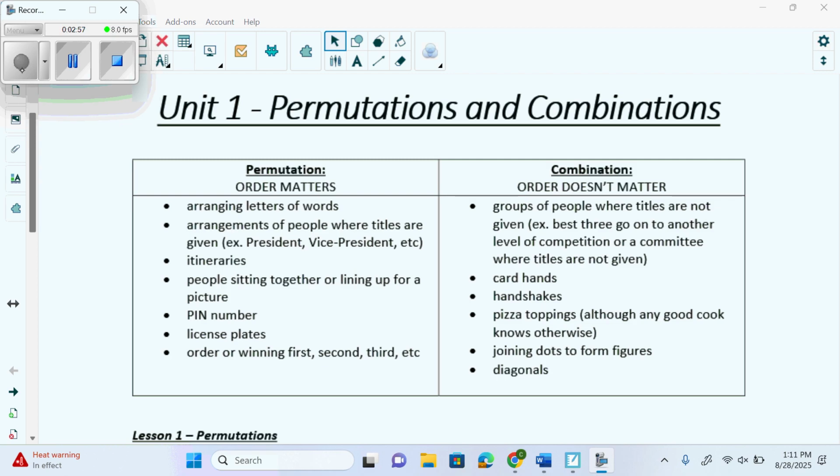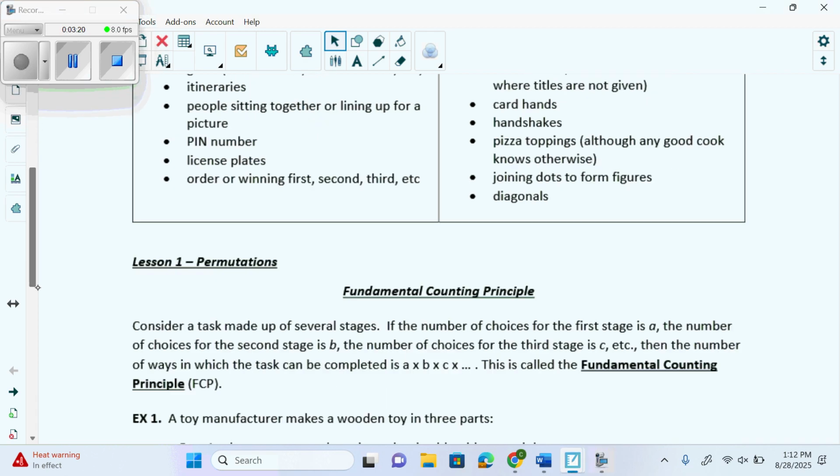PIN numbers, like when you go to your door and put in your 4 digits to get into your door or your bank card or whatever it may be. They have to be in the correct order, yes? So order matters there. With words, order matters because if not, pool and loop would be the same word, and they're not. The order that you put your letters in matters. So that's permutations and combinations, and we'll talk more about that when we actually get to it.